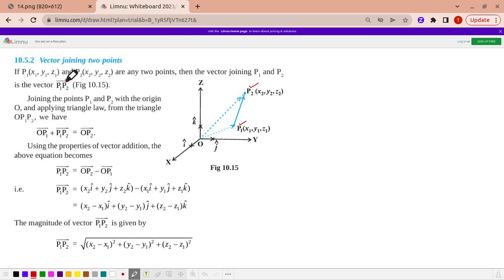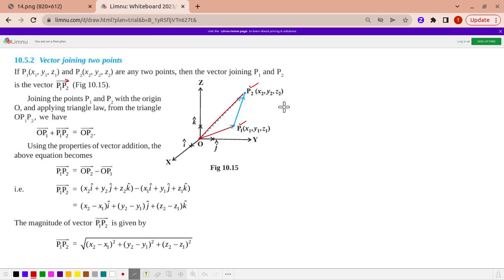Now, joining the points P1 and P2 with the origin O, and applying the triangle law, we get this. We first join the points P1 and P2 with the origin O, then we get OP1 and OP2. Now what is OP1 plus P1P2?